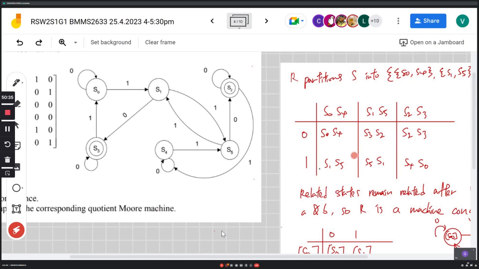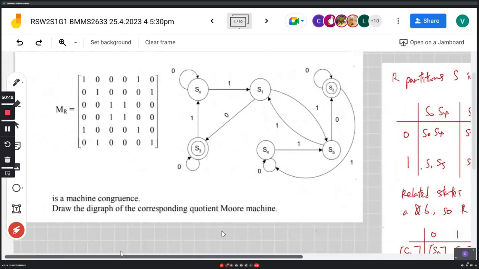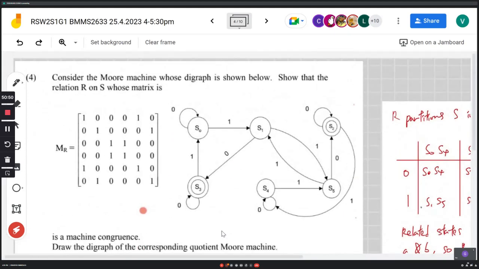The question asks you to do what? They ask you to show the relation R on S, whose matrix is given, is a machine congruence. So you need to show this. Show that the relation R on S, all the states, whose matrix is this one, is a machine congruence.